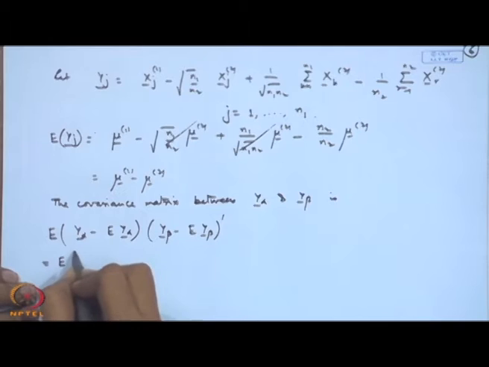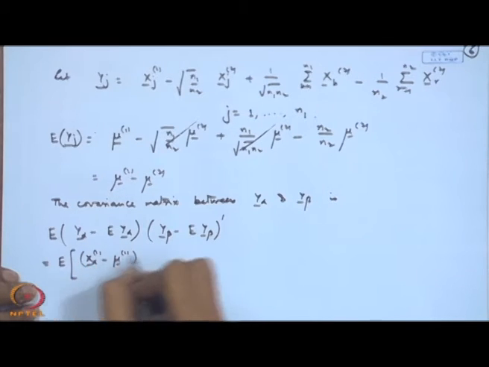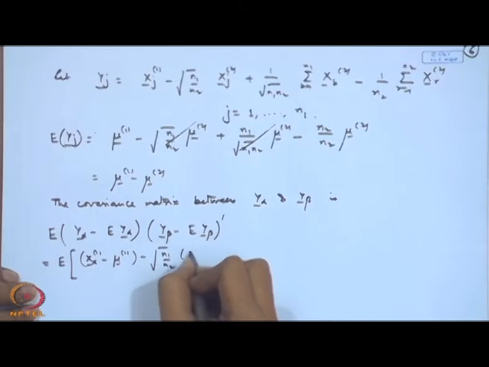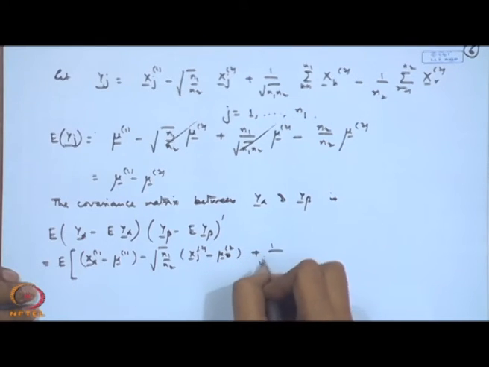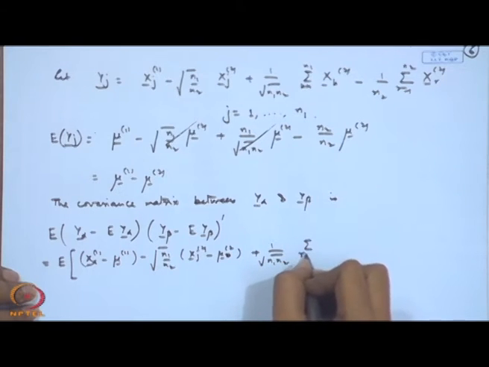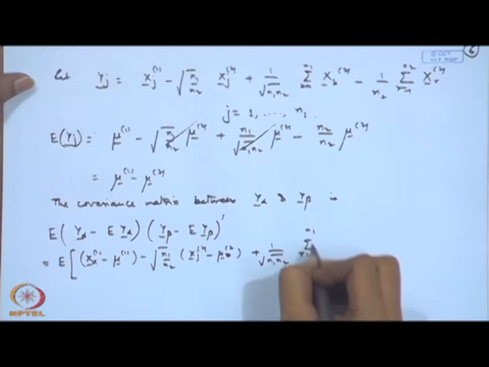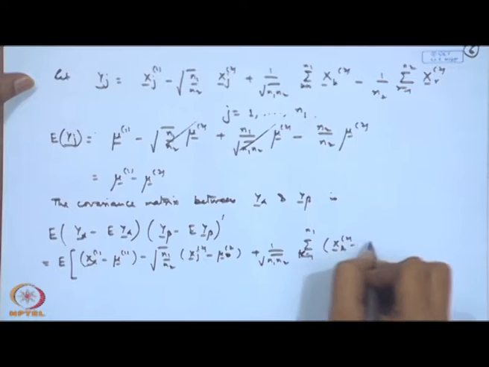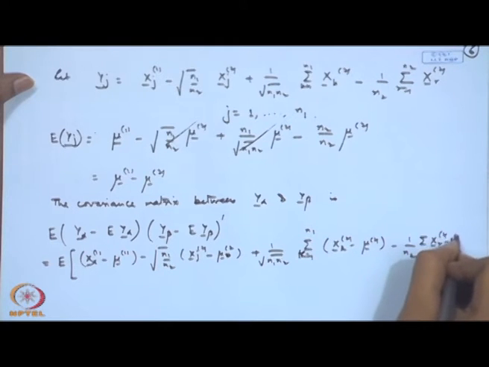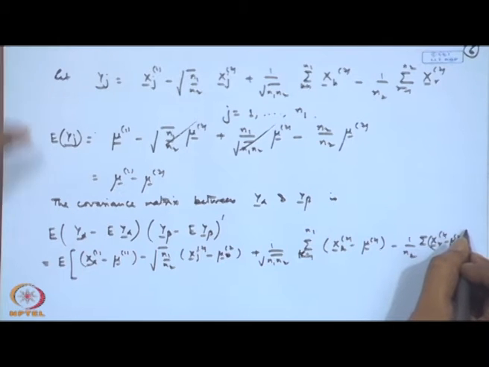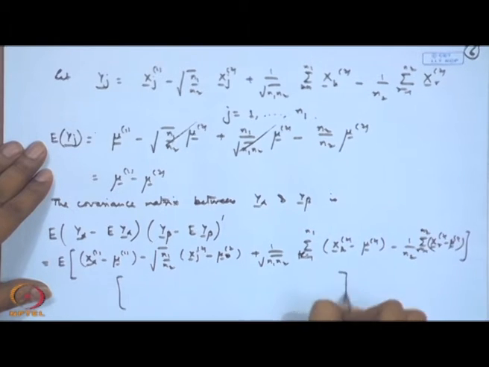So, this we expand: this is equal to x_alpha1 minus mu_1, minus root n_1 by n_2 times (x_j2 minus mu_2), plus 1 by root n_1 n_2 times the sum over k equal to 1 to n_1 of (x_k2 minus mu_2), minus 1 by n_2 times the sum over r equal to 1 to n_2 of (x_r2 minus mu_2), into this transpose.